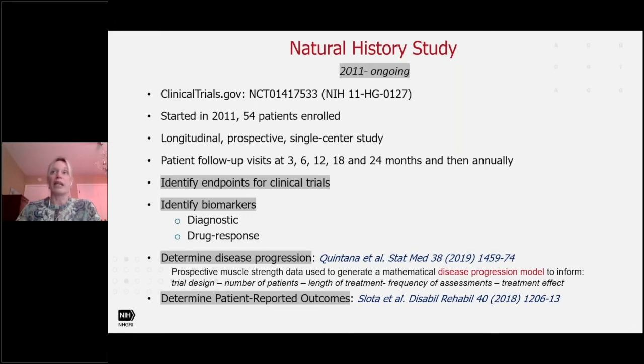As I said, is to identify endpoints for clinical trials. This is very important. It is important that you can convincingly show a treatment effect in a clinical study.